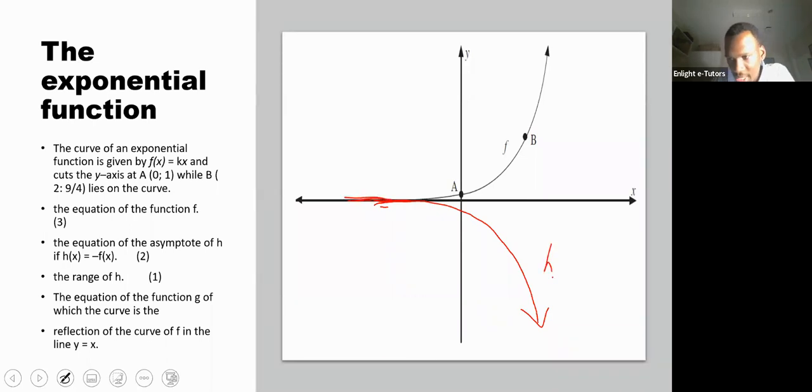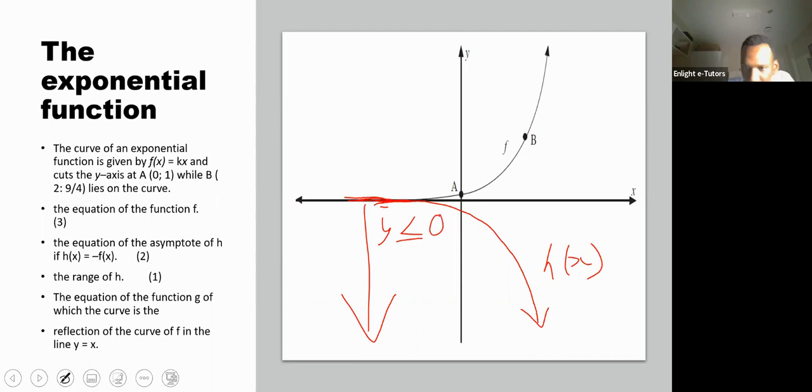This one is going to be h at x now, no longer f at x. So now the range, the y values, start at 0 going downward. That's why they say the y value has to be less than or equal to 0, which means from 0 to negative infinity. You understand?